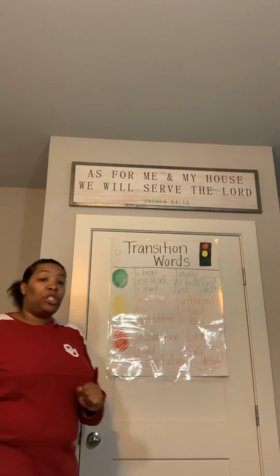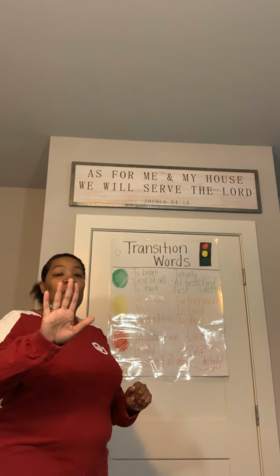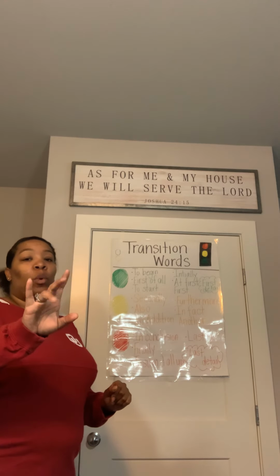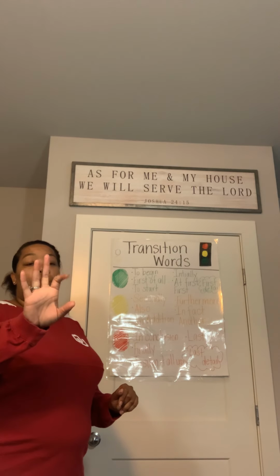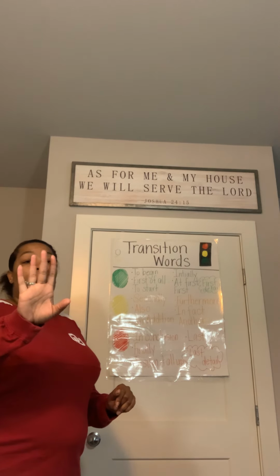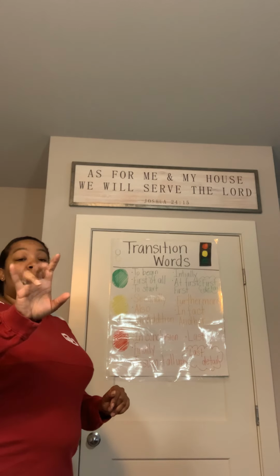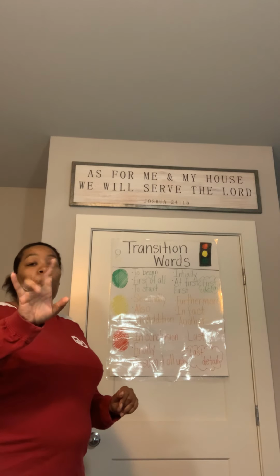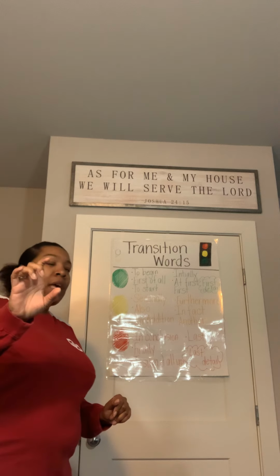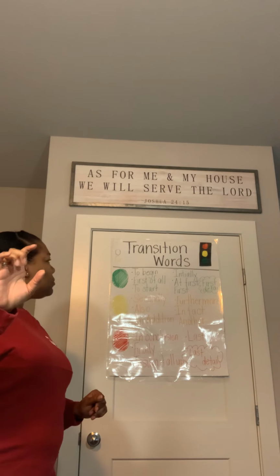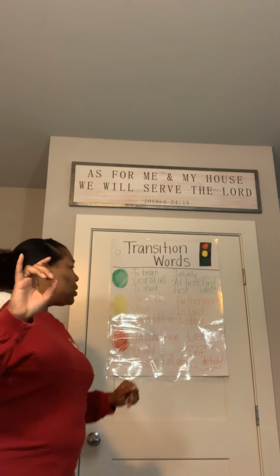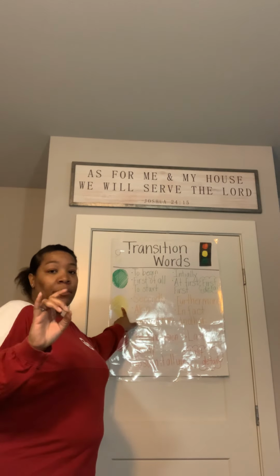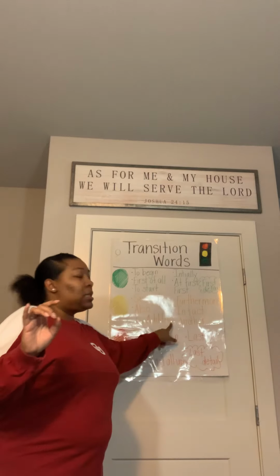Those are the transition words that we use for sentences 3 and 4. This is the main idea. This is the first supporting detail. The second and third supporting detail, which would be the third and fourth sentences, we use the yellow stoplight. The words in the yellow stoplight.